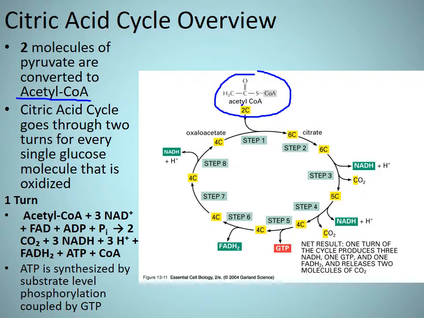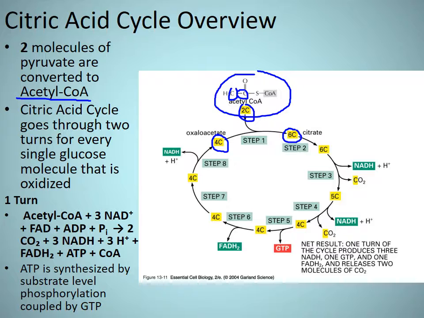So we see a two-carbon acetyl group attaching to a 4-carbon molecule, producing a 6-carbon molecule. Essentially, that's the beginning of the citric acid cycle. We see acetyl-CoA coming in, attaching to oxaloacetate.